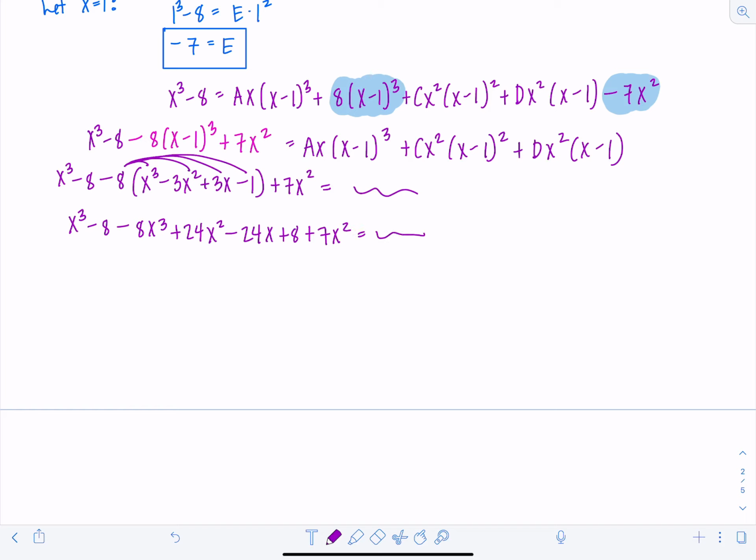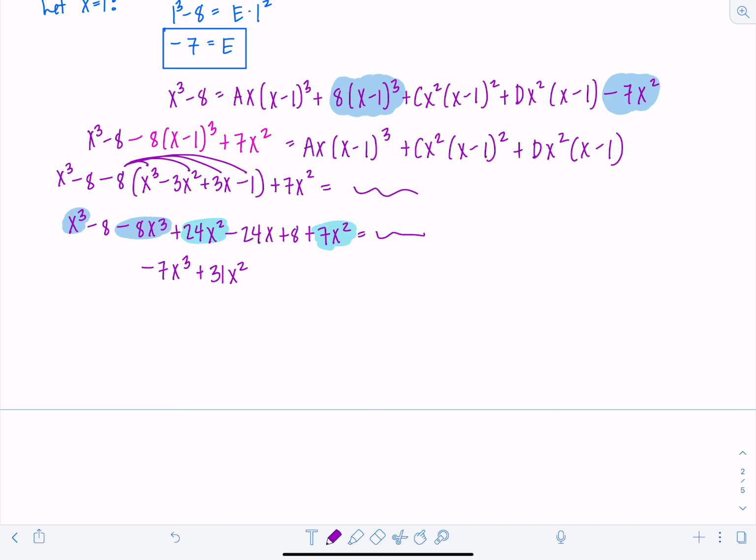And then let's combine our like terms. I think we're in a good place. We've got an x cubed and a negative 8x cubed, so that means I have a negative 7x cubed. Okay, who's next? X squared. We've got a 24x squared and a 7x squared, so that's 31x squared.